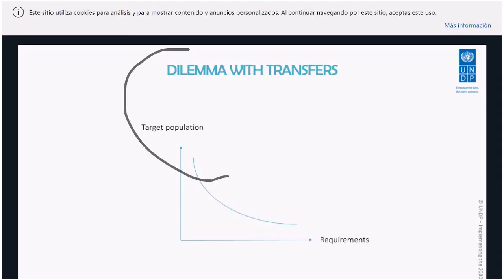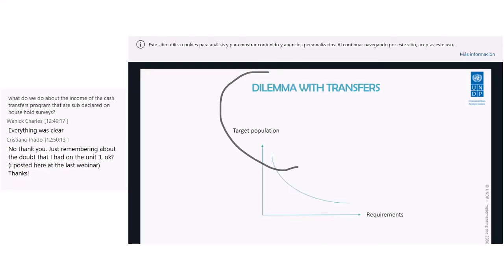Usually the household, I think, yes, we need to acknowledge there is a sub-reporting problem in household surveys, but it depends on how the cash transfer is given to the household. Sometimes every household receives a fixed amount.